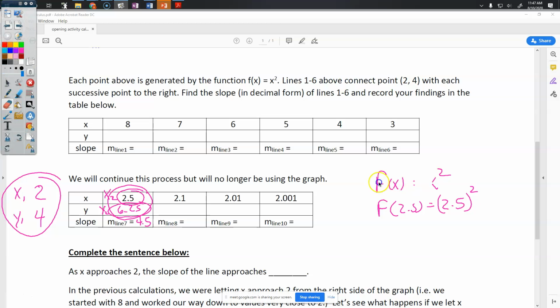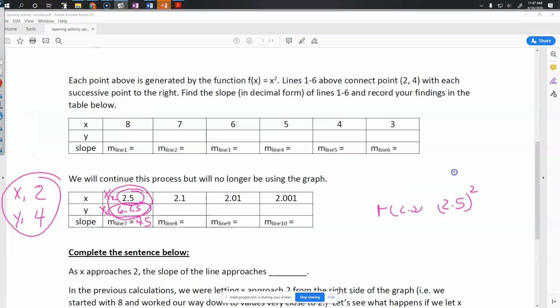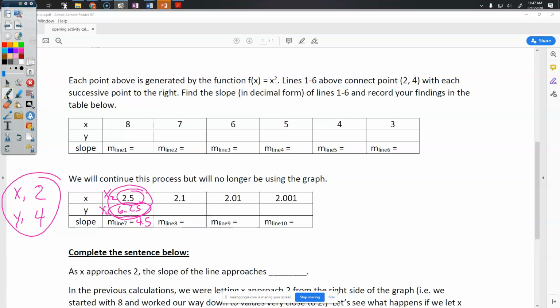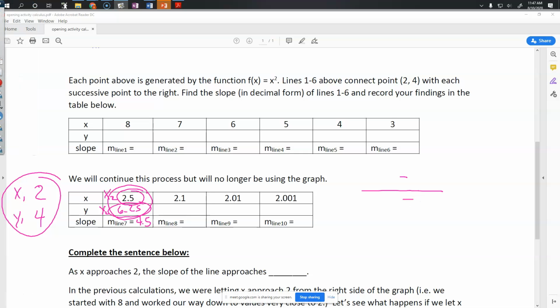So let's see how that works. We're going to do our slope formula, right? Which is y2 minus y1 over x2 minus x1. So what's the y2 value? 6.25. Very good. What's the y1? I labeled them right here like x1, y1, x2, y2.